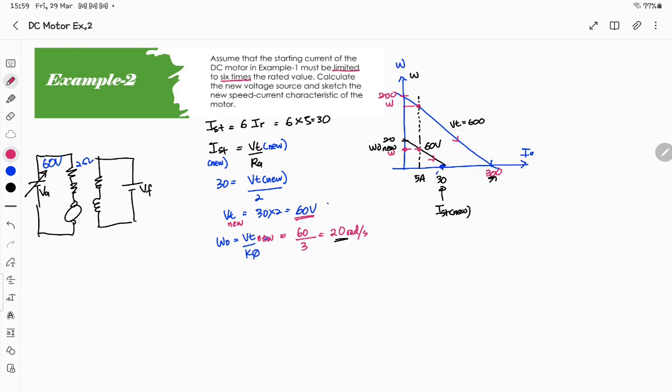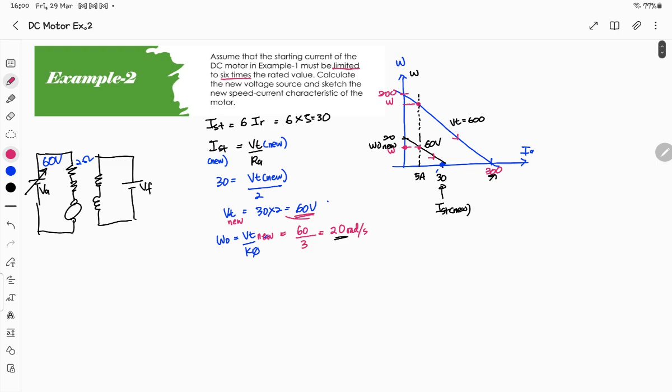However, the no load speed will be reduced as well as the starting current. That's all for example 2, because it asks for a new voltage source and to sketch the new speed current characteristic. So this is the new voltage source and this is the new speed current characteristic.